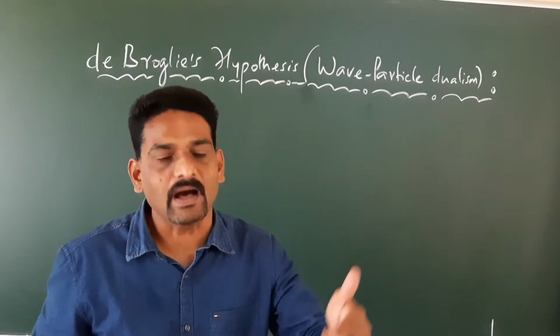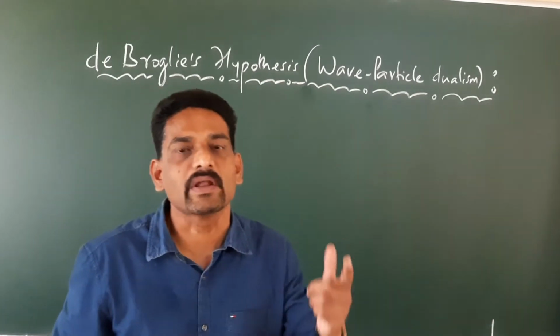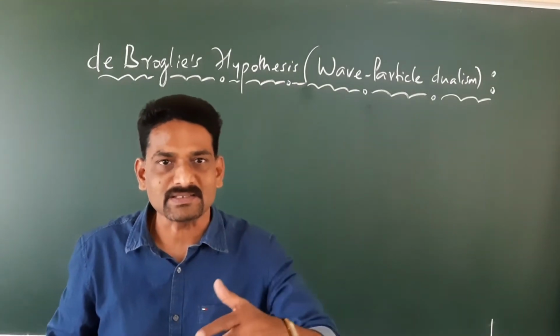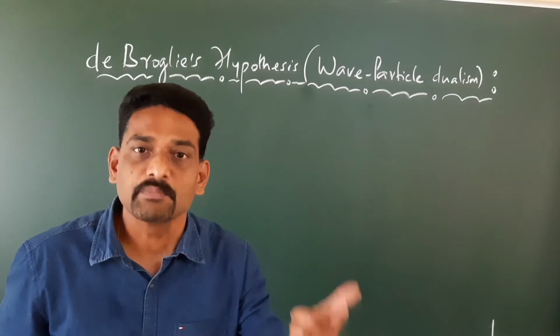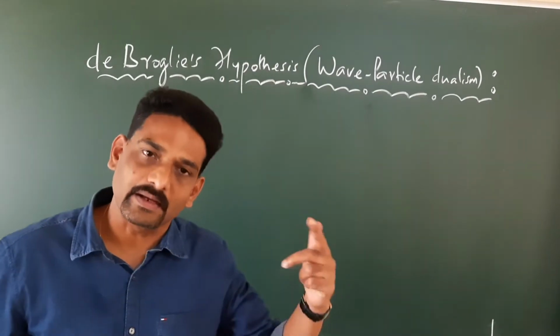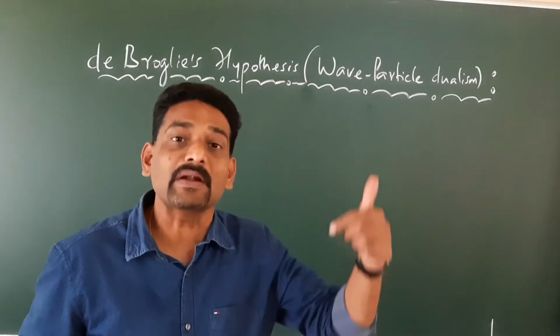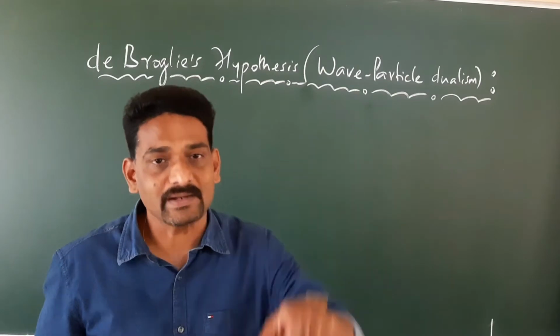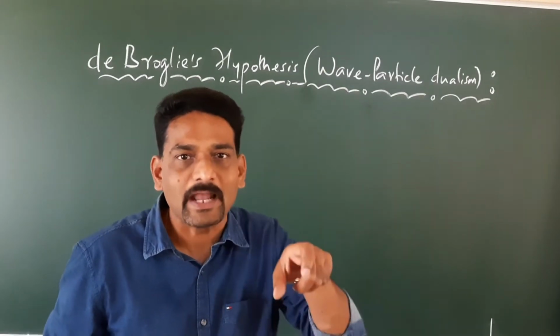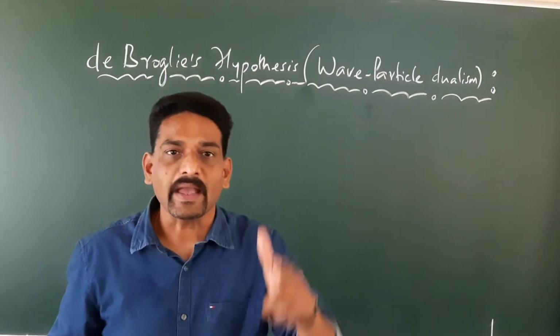So X-rays are treated as electromagnetic waves, but to explain the Compton scattering, we are considering them as particles, that is, the photons. Means what? Now the X-ray is behaving with a dual nature. X-ray is behaving like a wave. We know it's an electromagnetic wave, but to explain the Compton scattering, we are considering the X-ray as made up of n number of photons, or we are assigning the particle nature to the X-ray.